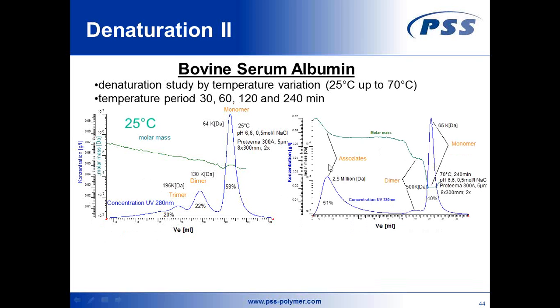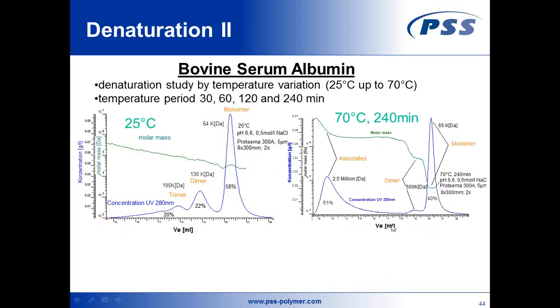As shown here, at the beginning there was a monomer, a dimer, and a trimer, and after the heating process, the stress of the protein, we suddenly lost the dimers and the trimers. We ended up with this early eluting high molar mass material with a really increasing molar mass, and also with a decreasing monomer.